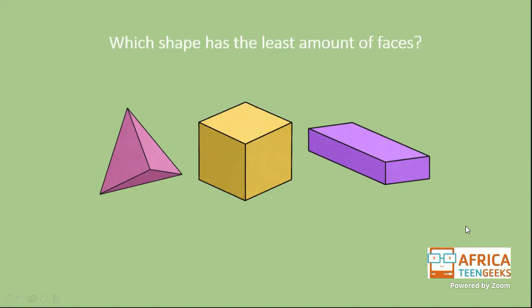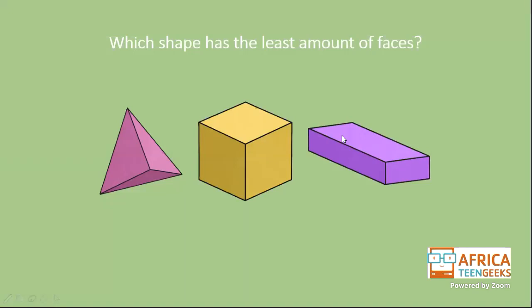Guys, to practice your math, just name the shapes. Don't just say the first one, the middle one, or the last one. I want to see the names of the shapes. Because if I'm talking about a rectangular prism, I want you to see it in your mind. So you have to know exactly what I'm talking about.